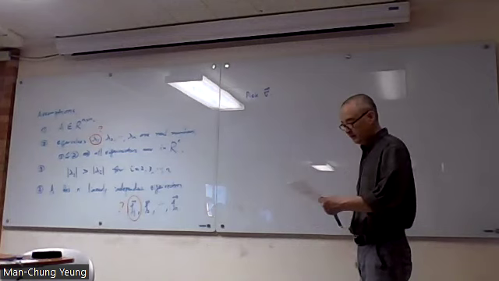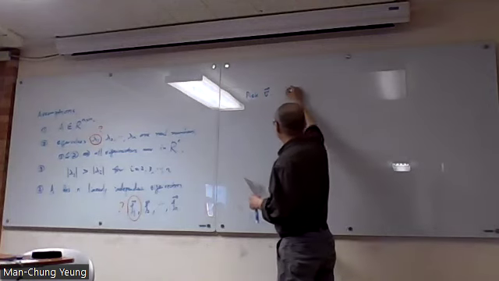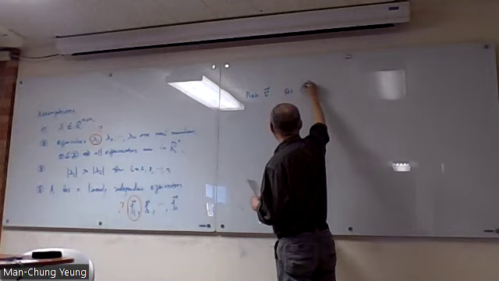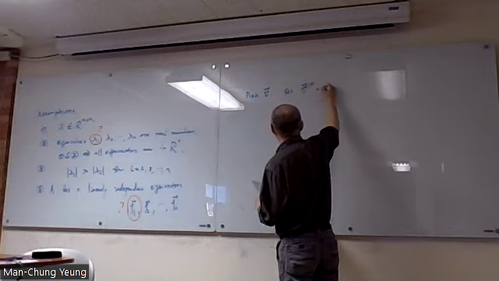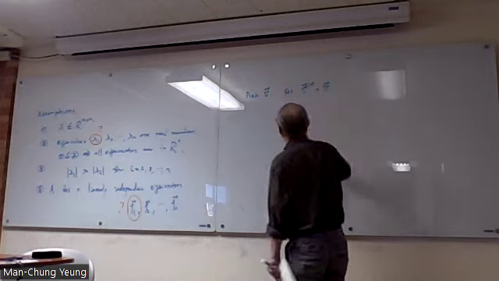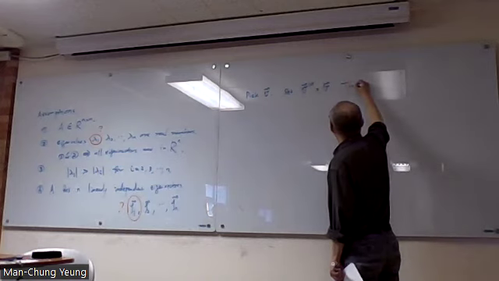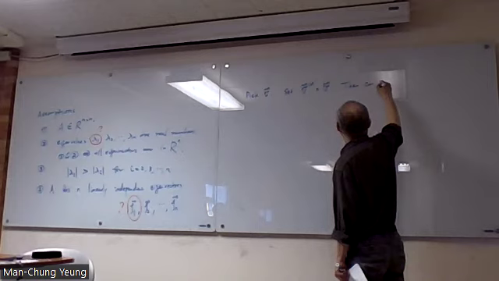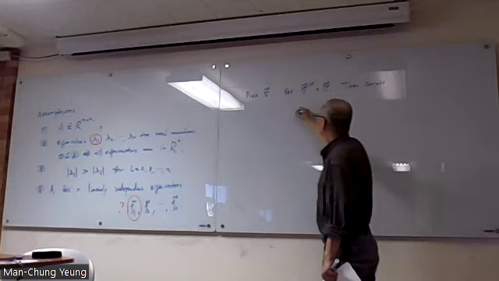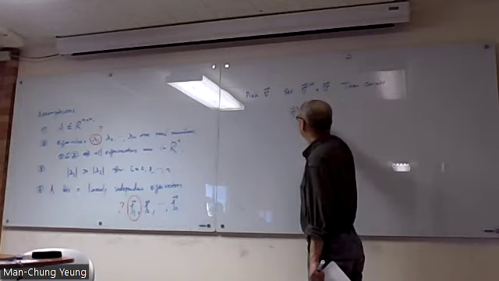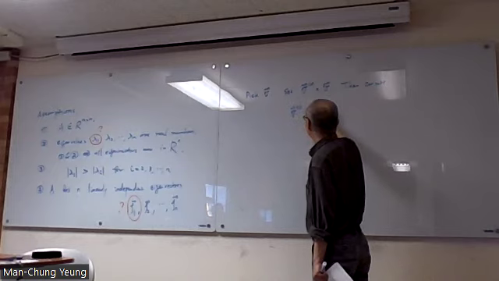Now the power iteration. Set V0 to V. Then compute V1, which is A times V0.